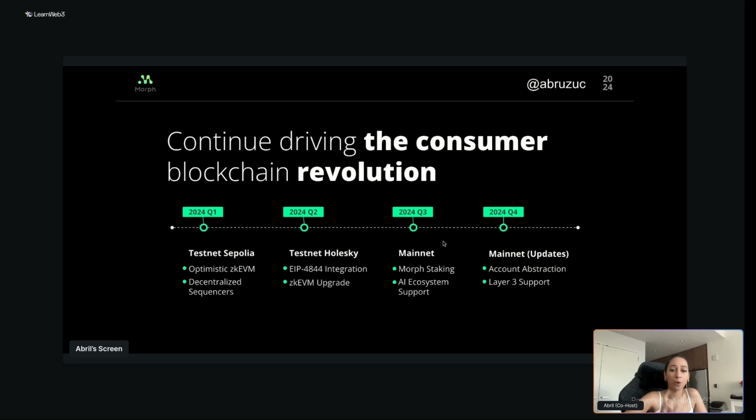We will have more staking, which I'm going to go through next Friday on how the contract will work, and AI ecosystem support. By the end of the year, we're going to integrate account abstraction and layer 3 support. We are doing integrations with some partners on account abstraction, so we are not going to have it natively so far.